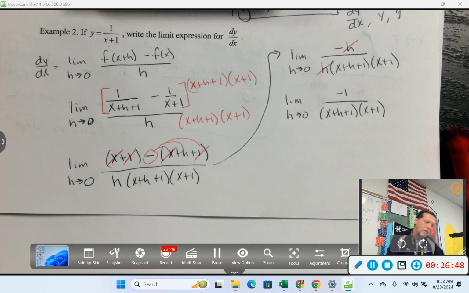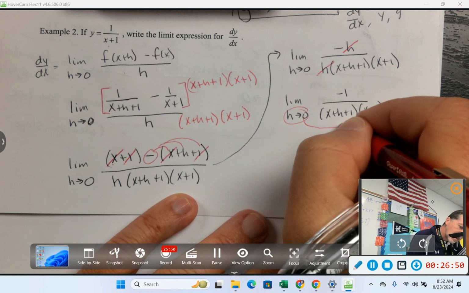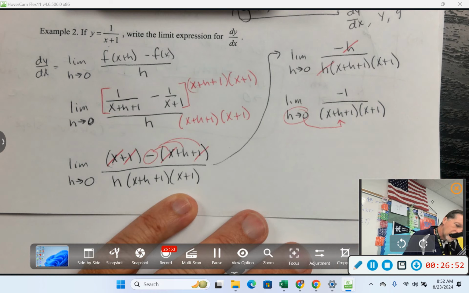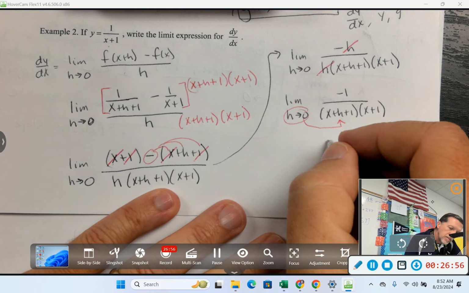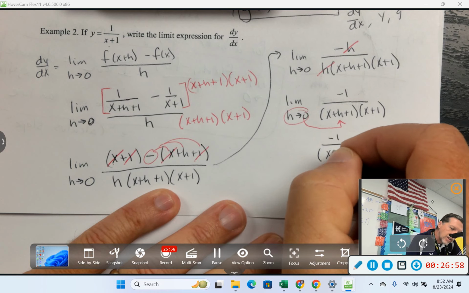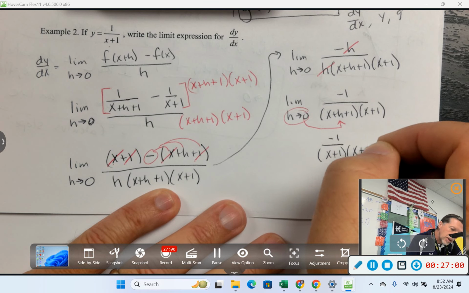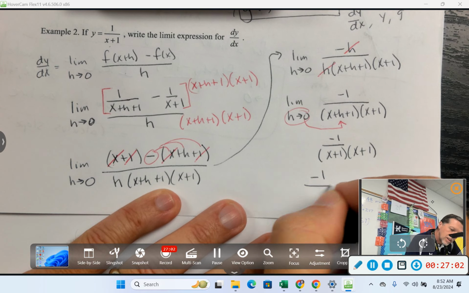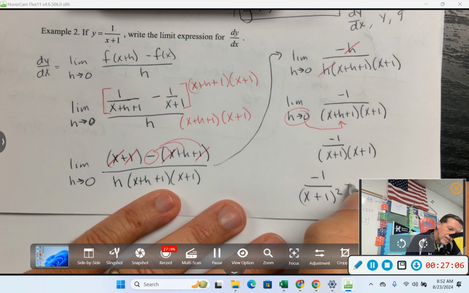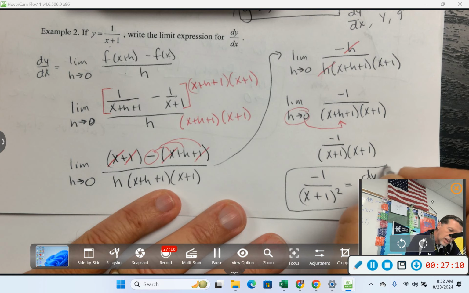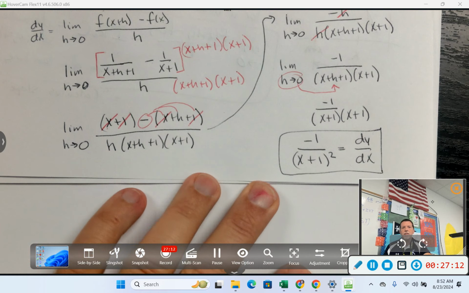Now I can try substituting again. All it does is wipe out that h. So I've got negative 1 over x plus 1 times x plus 1. Negative 1 over x plus 1 squared. That's my dy dx.